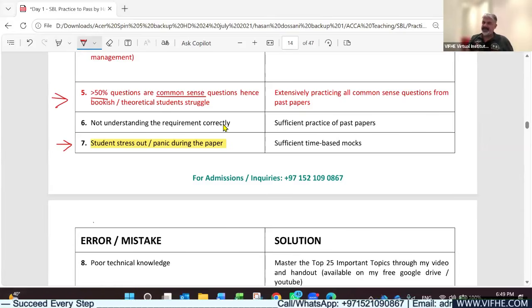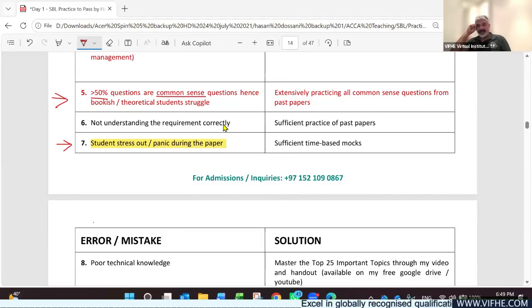I have started seeing this trend in the last one year, that a lot of students have started panicking or stressing out. Maybe it's also a deliberate strategy by the examiner to test you. Do you understand? Maybe this is also a deliberate strategy.